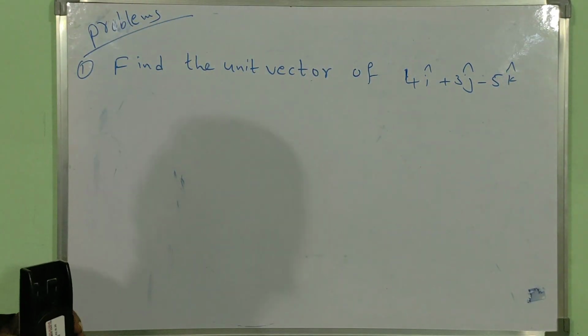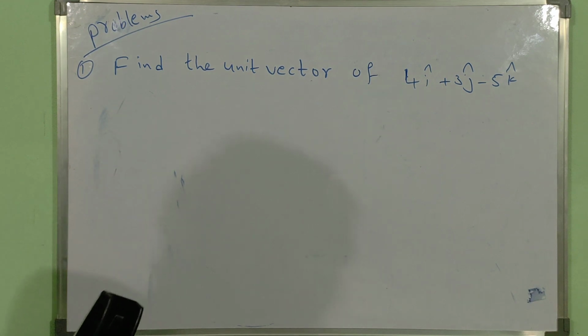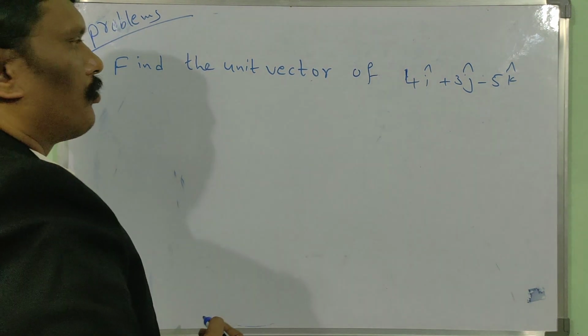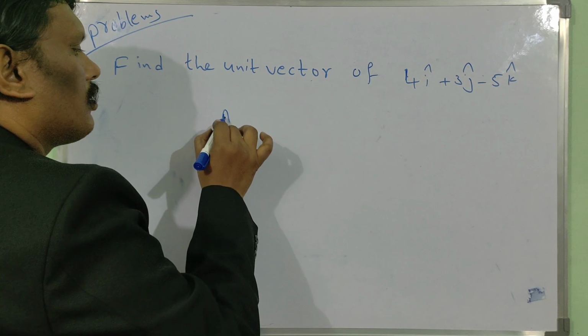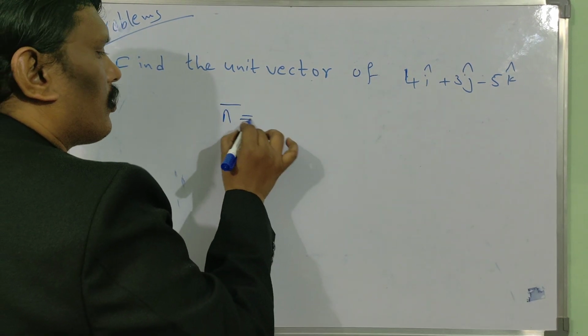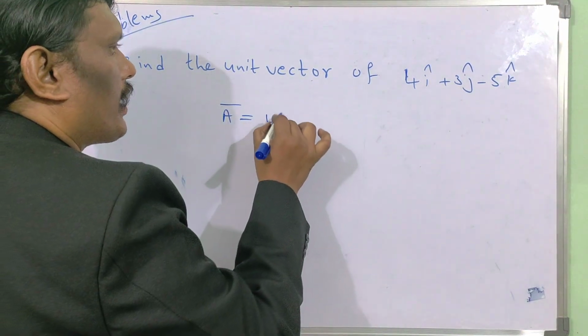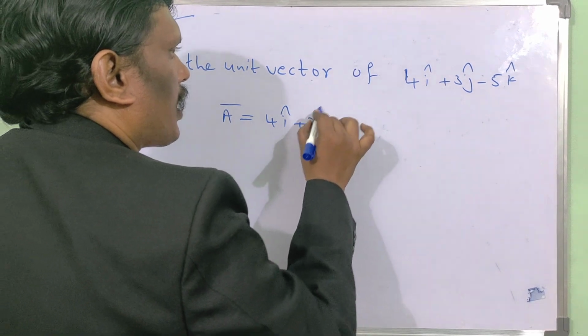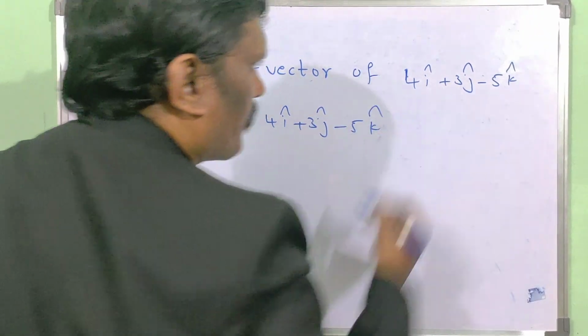We need to calculate the unit vector of this given vector. What is the unit vector formula? Consider the given vector as a bar. This is the a bar vector, 4i cap plus 3j cap minus 5k cap.